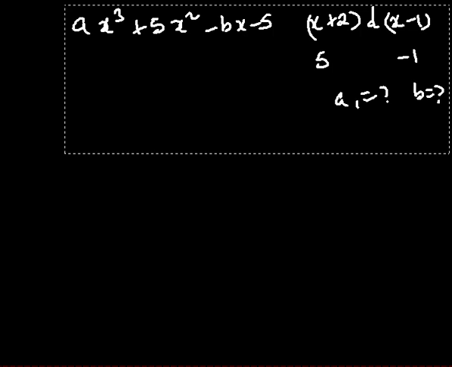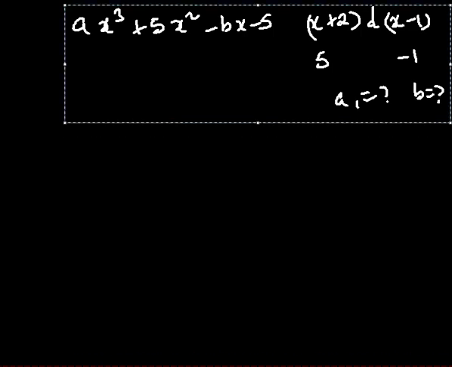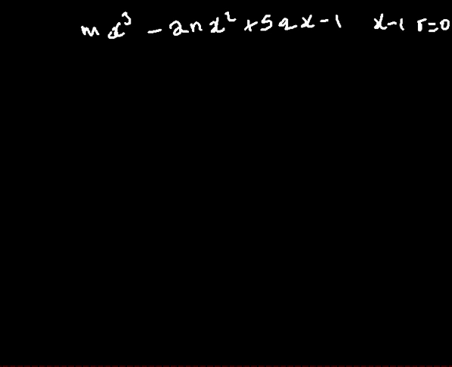And also finally, let's try to have this. What if we have, let's say, when the polynomial which is given as m x cubed minus 2 n x squared plus 5 q x minus 1 is divided by x minus 1, the remainder is given as 0.